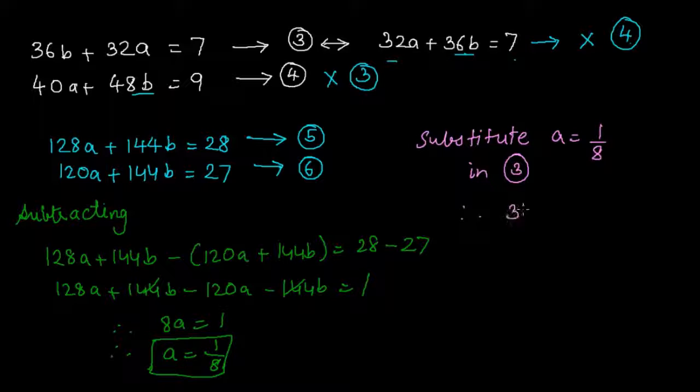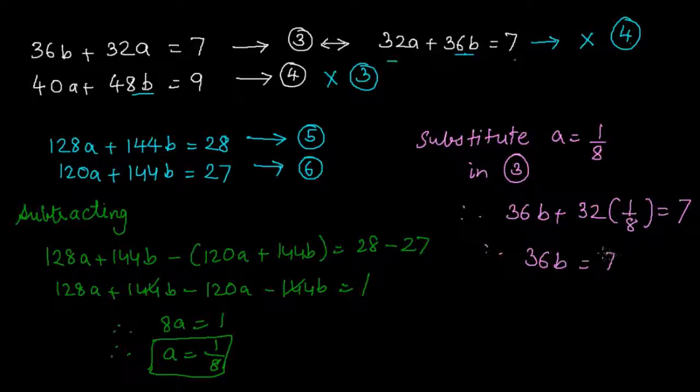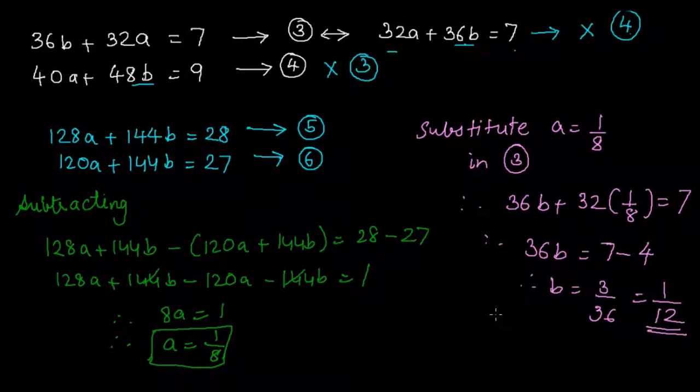Therefore, 36b plus 32 times 1 by 8 is equal to 7. Therefore, 36b is equal to 7 minus 8 divided by 32, which is 4. So, 7 minus 4 is 3. Therefore, b is equal to 3 by 36, which is equal to 1 by 12. I have also got the value for my b.